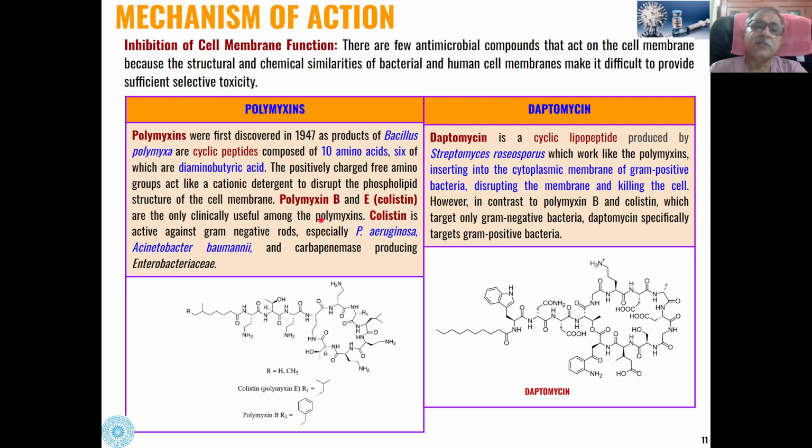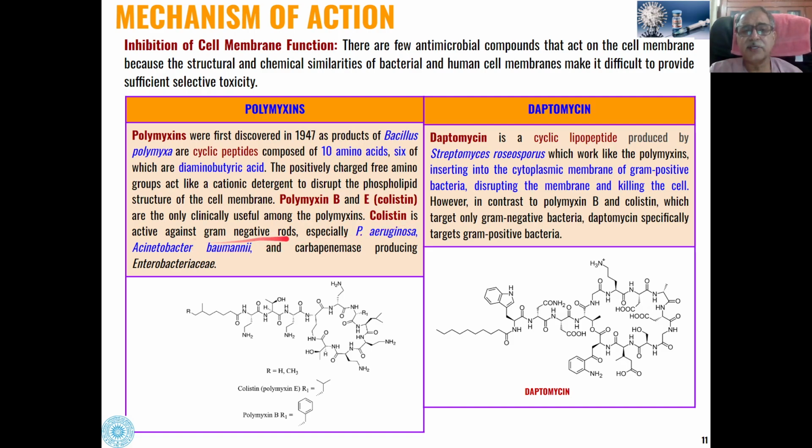The most commonly used polymyxins are polymyxin B and polymyxin E, which is called colistin. They are the only clinically useful among the polymyxins.